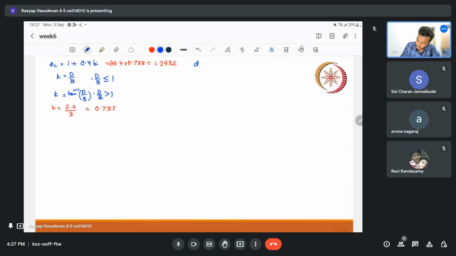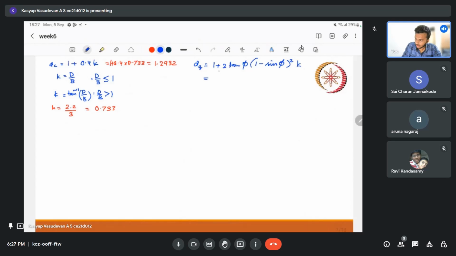Next is Dq, equal to 1 plus 2 tan phi (1 minus sin phi) squared times K. This equation is a little complicated, but we need not memorize it. Generally it will be given, but for basics also this holds good.